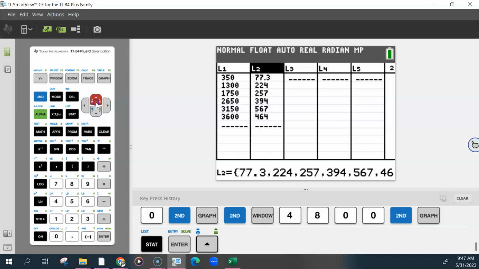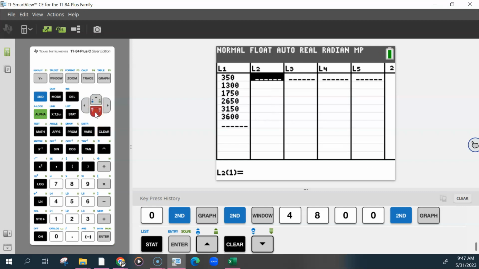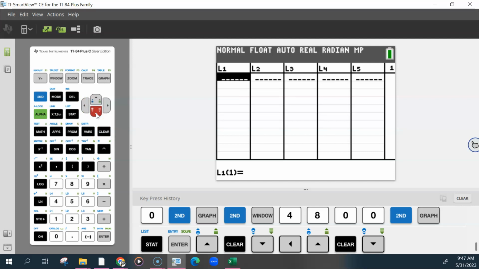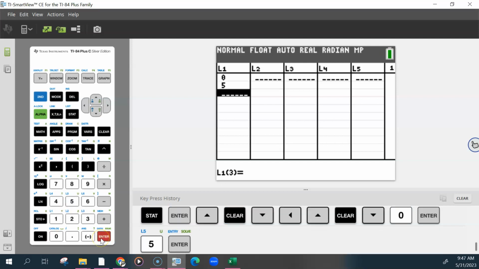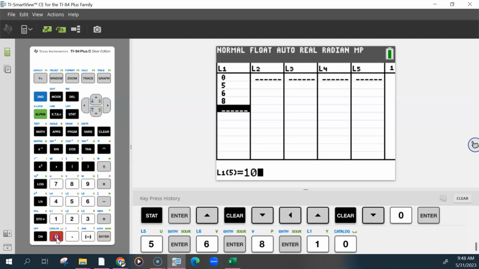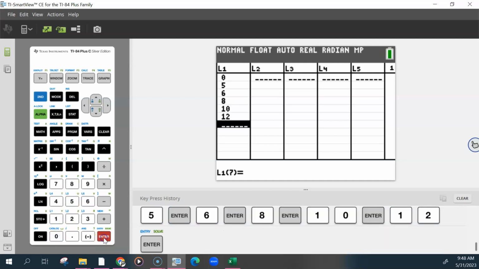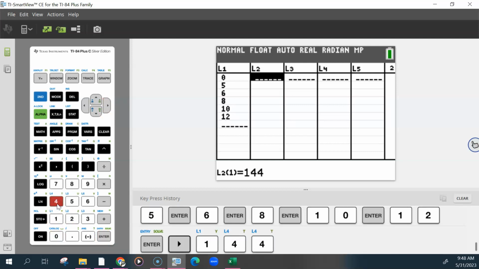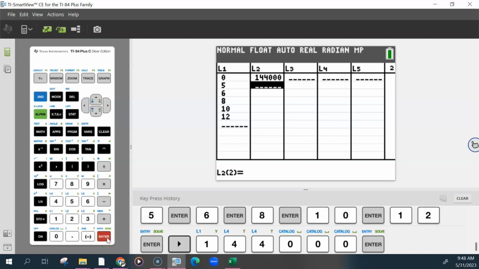You can go up to the top and hit clear and scroll down and do the same thing for the other one, and put in all those values. Make sure you don't miss any zeros. These are 1,000 numbers.